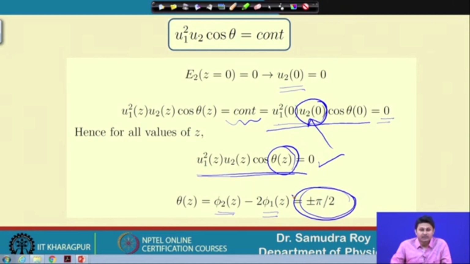So, in the next class we are going to use this phase relationship to find out what the parametric generation is, and all these issues will come. But the important thing is, this calculation is lengthy, but one quantity that is conserved during the propagation is u1 squared u2 multiplied by cos theta, where theta is represented by the phase of the fundamental and second harmonic wave.